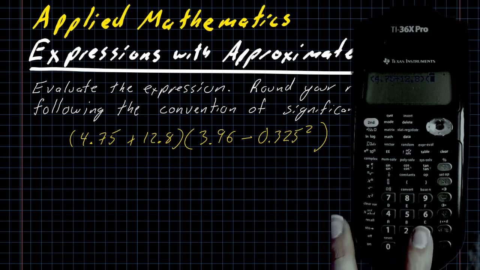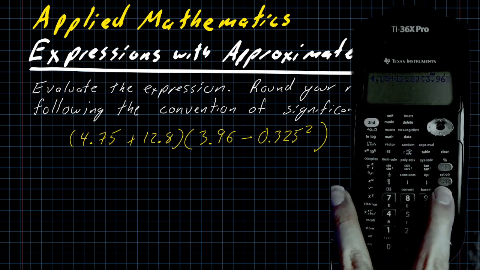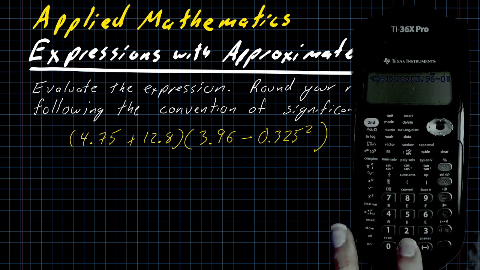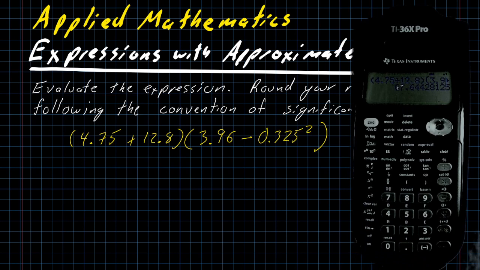Open parenthesis, 3.96 minus 0.325 squared. Close parenthesis, and I get this result, 67.64428125.